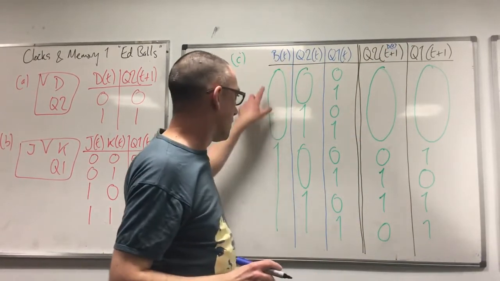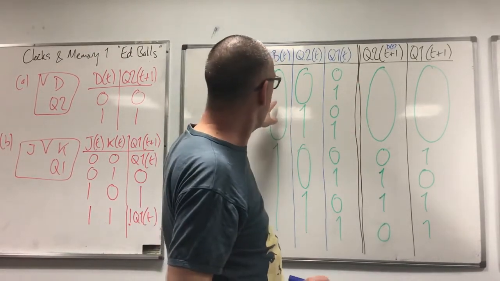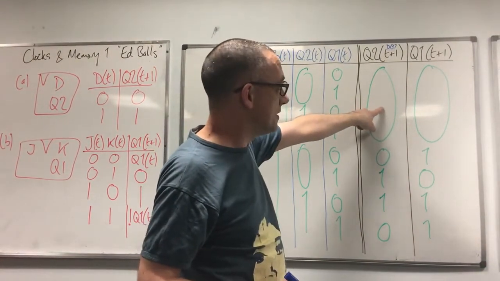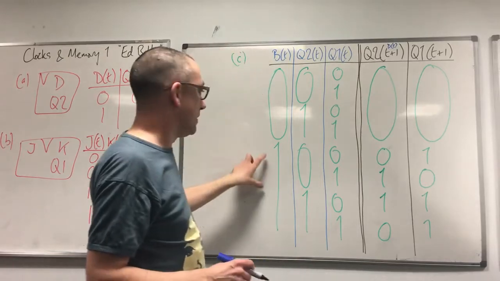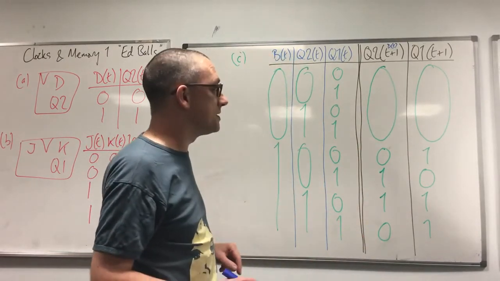Now, how do we compute this? Well, we can see that whenever B is 0, we want D to be 0. And whenever B is 1, there's some other way to compute what D is.